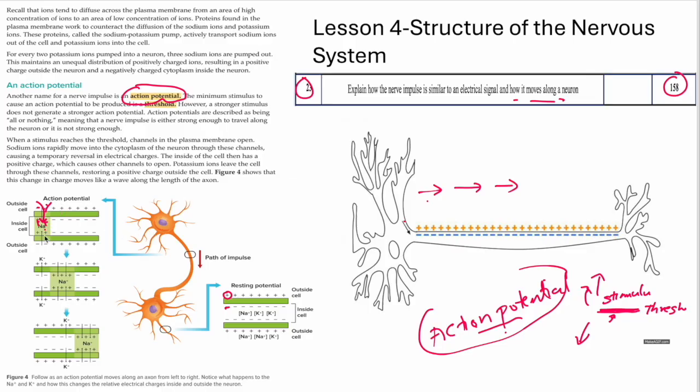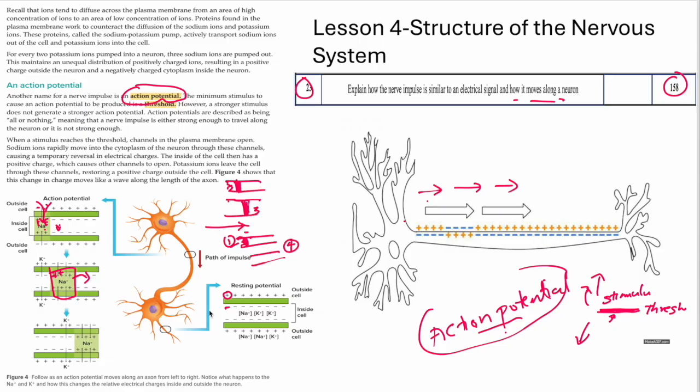After that, this sodium passes to the next segment of the neuron and creates the positive charge inside the next segment, and so on it is carried forward. So the movement of the action potential through the neuron is unidirectional.